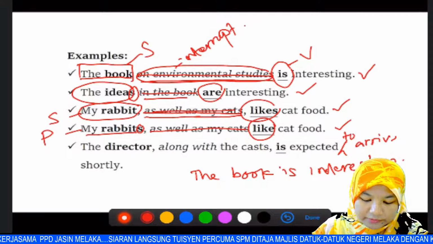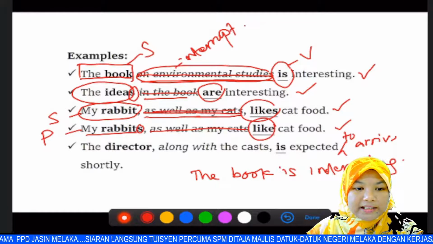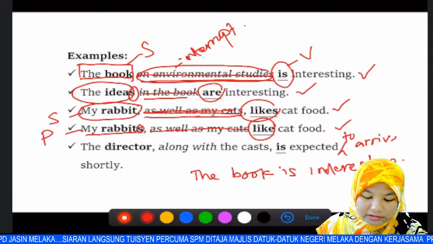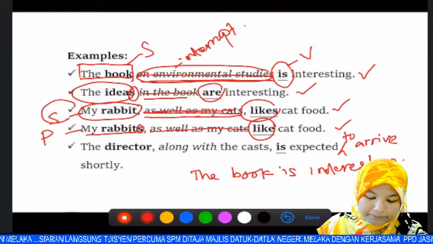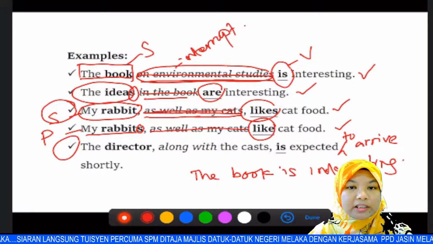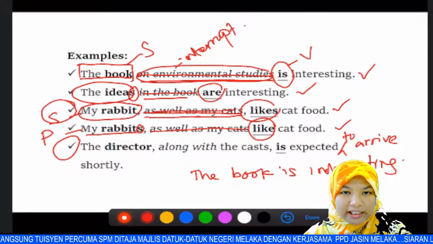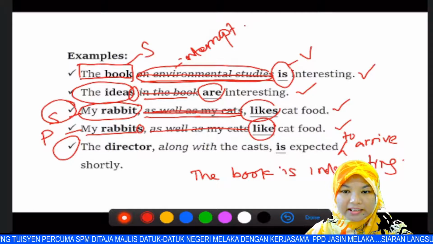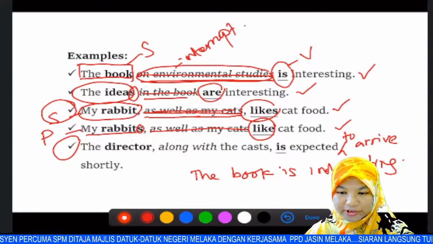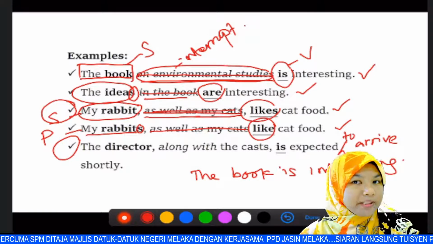This one for number 5 is similar to example number 3. Can you try and identify which one is the real subject of example number 5?